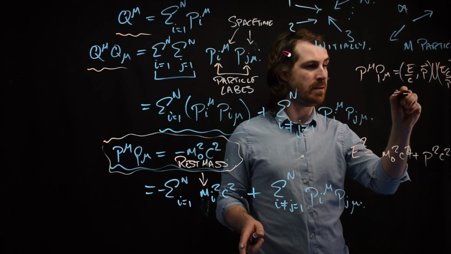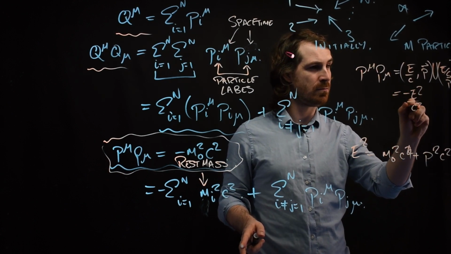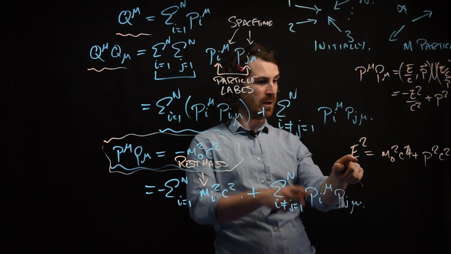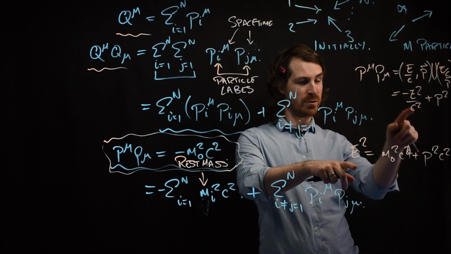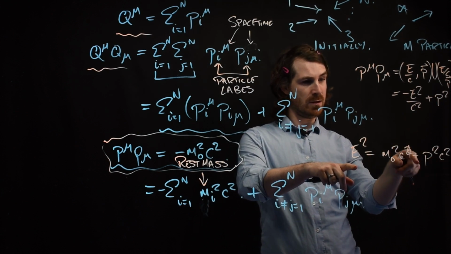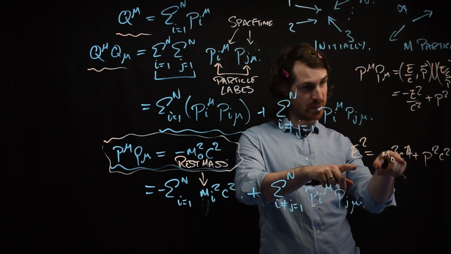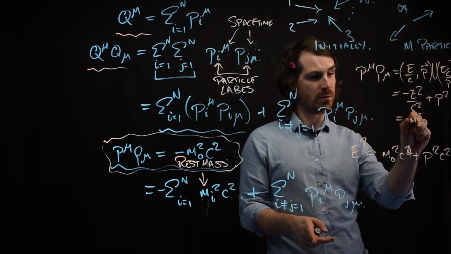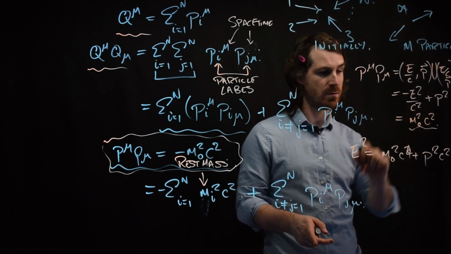And that's minus E squared over c squared plus p squared. And minus E squared over c squared plus p squared is m squared c squared. So this is m squared c squared, rest mass m.